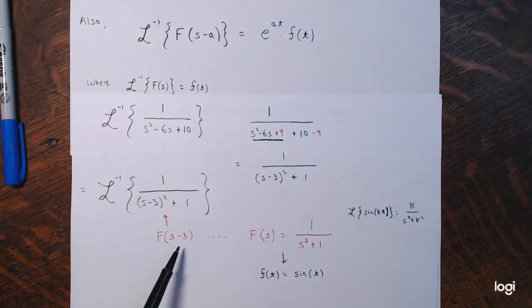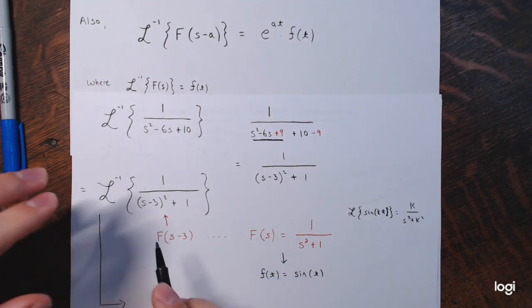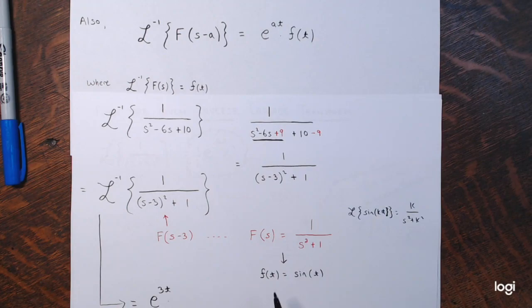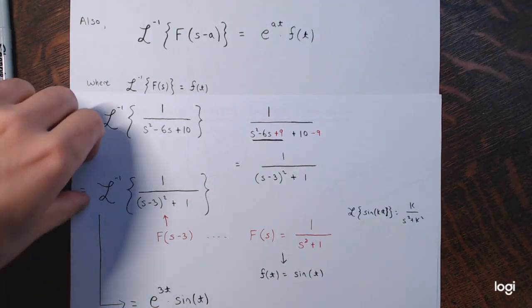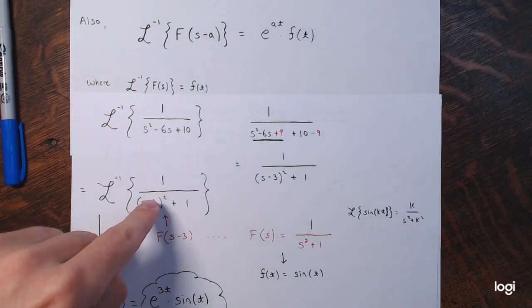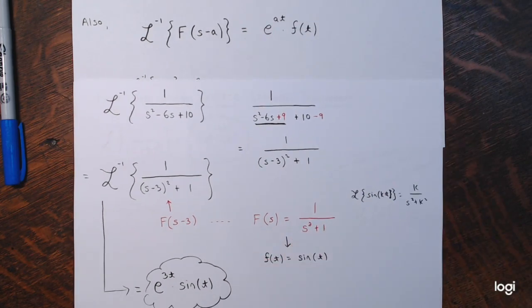And the value of a in the s minus a is 3. So the function that has this Laplace transform, when I'm taking the inverse Laplace transform, would be e to the 3t times f of t, right? e to the at times f of t, times the sine of t. This function has that Laplace transform, 1 over s minus 3 squared plus 1.